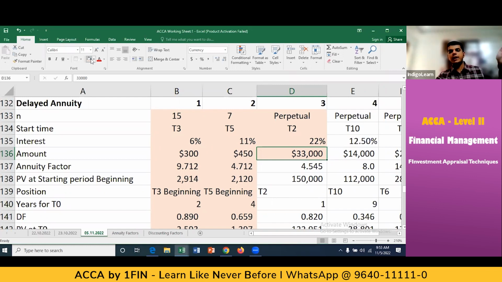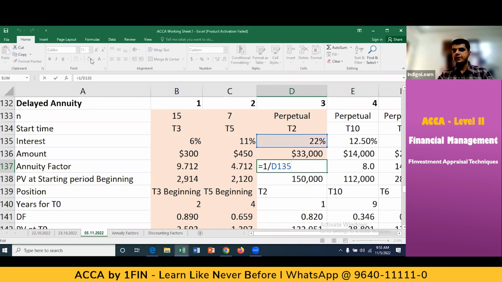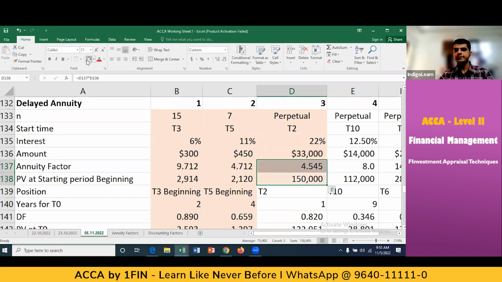Now we want it at year 0, so we'll discount it back 1 year. So 1 divided by the rate, that is 22%, gives the annuity factor 4.545. We multiply 33,000 by it and get 150,000, and this is at T2 beginning.